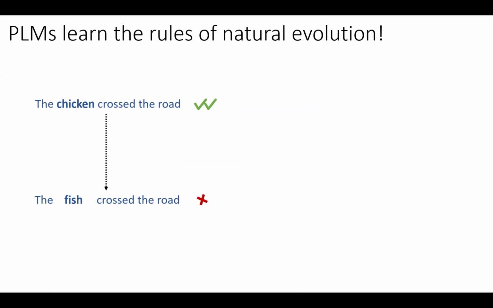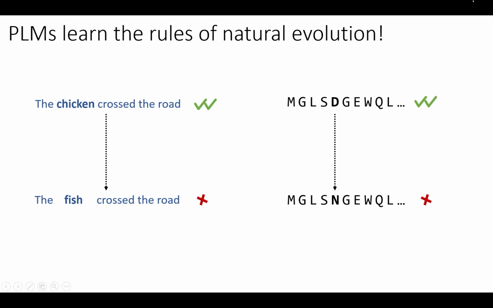One more thing I want to point out is that it's a happy accident that somehow the statistical mechanisms that the PLMs learn seem to mimic the evolutionary mechanisms. For example, if you look at this sentence change, where I change the word chicken to fish, a natural language model will score the second sentence as not a very likely sentence, not a fit sentence. You could do exactly the same thing with protein sequences.